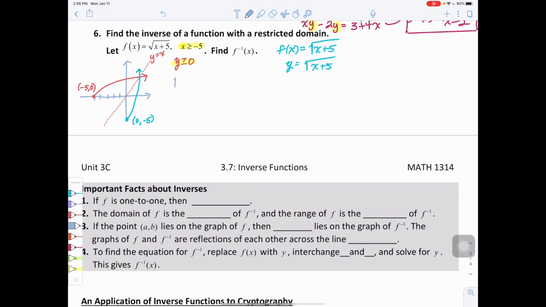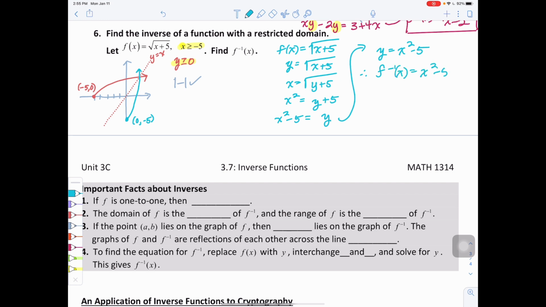So we will write that 1-to-1. Okay, so now let's interchange our x and our y values. And now we're solving for y, so we will square both sides. And then let's subtract 5 from both sides. So what we have now is y equals x squared minus 5. So f inverse of x is x squared minus 5.